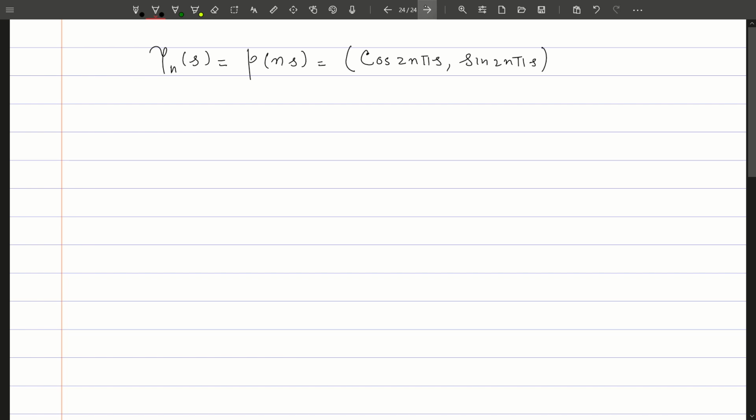So gamma 1 was actually the loop cos of 2 pi s, sine of 2 pi s. So it is like this.